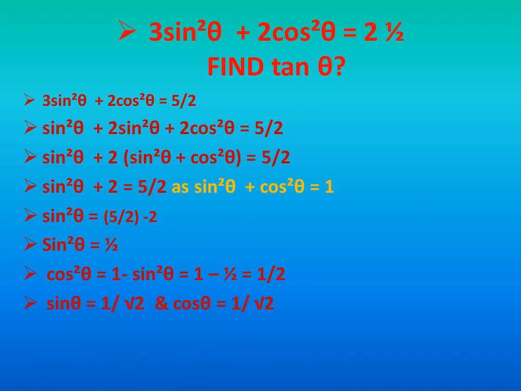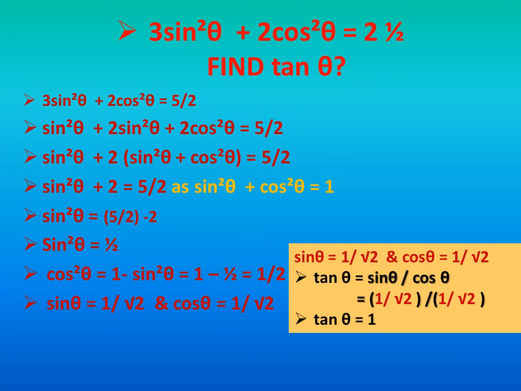So from here sine square theta is equal to 1 by 2. So sine theta will be 1 upon root 2, and similarly since cos square theta is equal to 1 by 2, cos theta will be 1 by root 2. Cos square theta is 1 by 2, so when we remove the square, we get cos theta as 1 upon root 2.